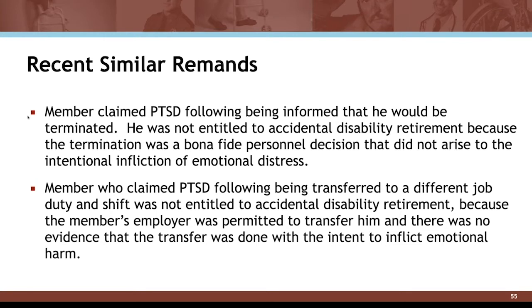The member must prove that the conduct of his superior was extreme and outrageous, beyond all possible bounds of decency, and was utterly intolerable in a civilized community. That's a rather high bar to prove that your superior was doing that when they reassigned you or something like that. Recently, we've had a few of these bona fide personnel actions.